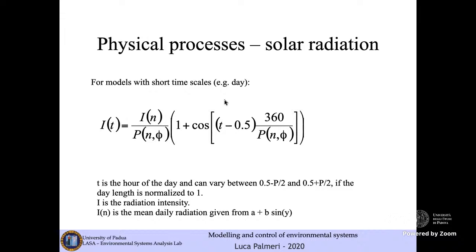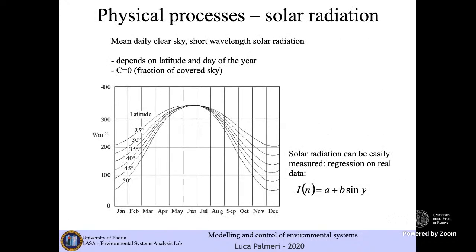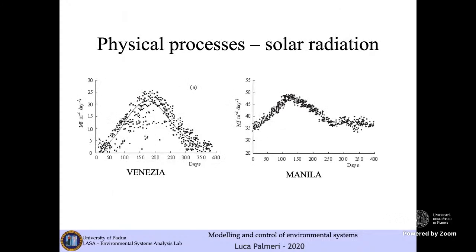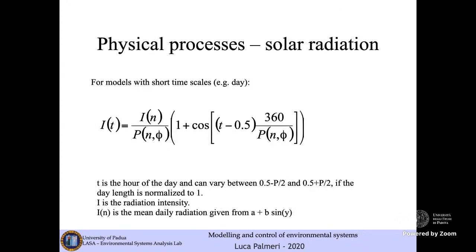For models with very short time scales, for example, a day, we may introduce, again here we are modeling the intensity of radiation arriving on the surface. For a short time scale model, for example, days, we may obtain these functions that tell us the intensity of radiation at time t in hours, t being the hours of a day, which can vary from minus half of a photoperiod to plus half of a photoperiod.